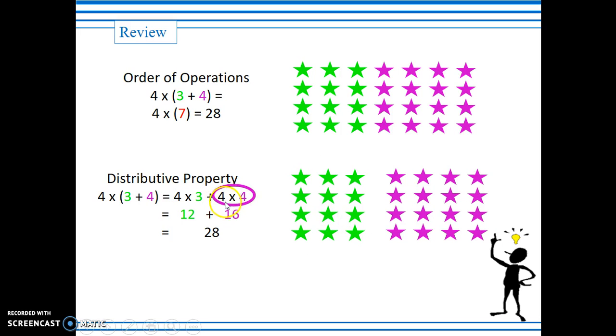And then we have our 4 rows and our 4 columns, and they make 16. So we can add the 12 and the 16, and we'll get 28 for our total. We get the same answer. We just used order of operations in this example and distributive property in this example. Remember, the distributive property works for addition and for its inverse operation, which is subtraction.